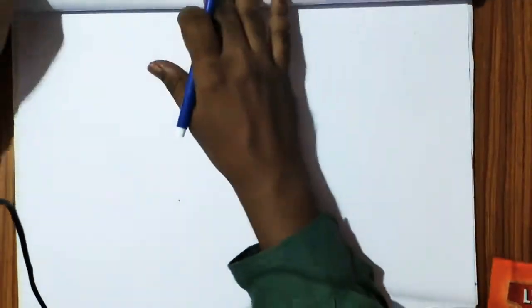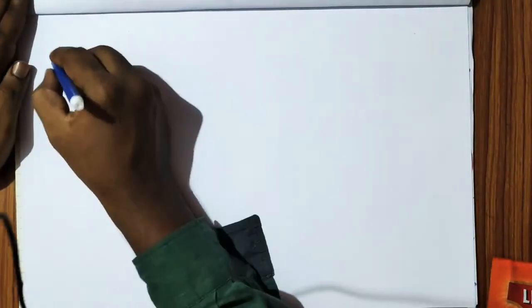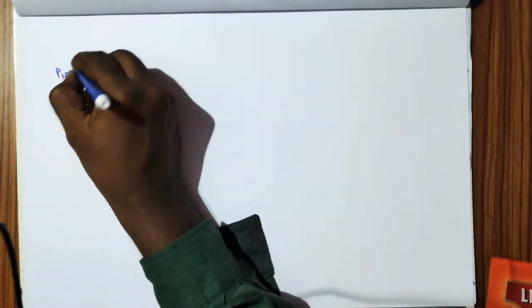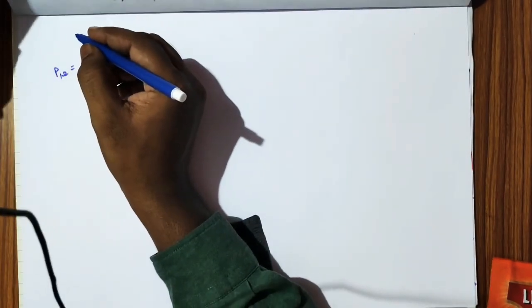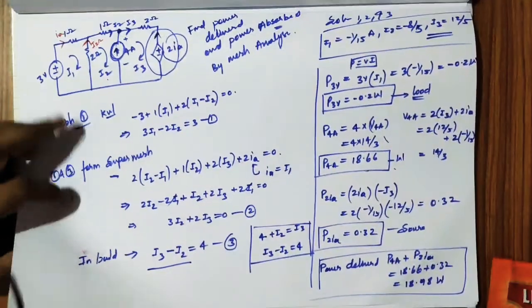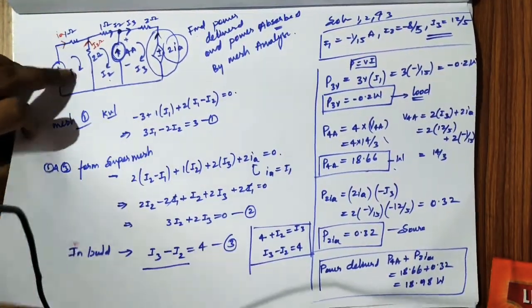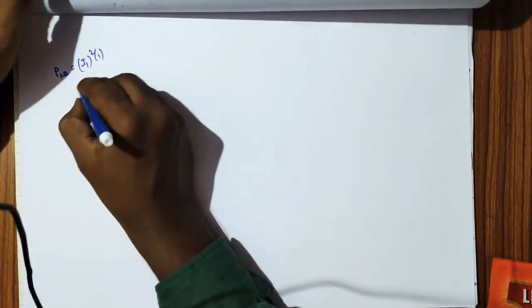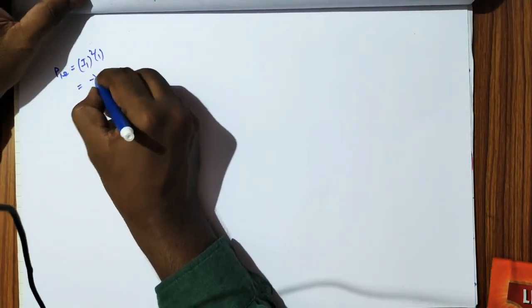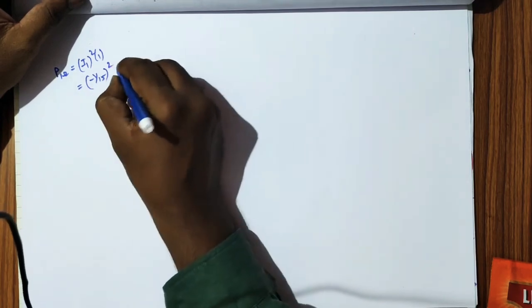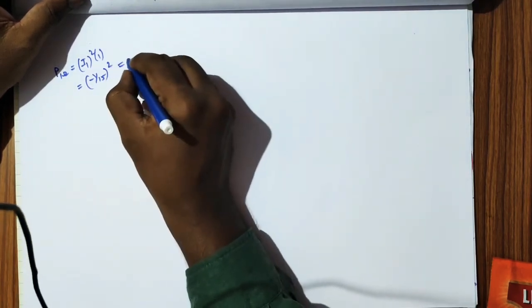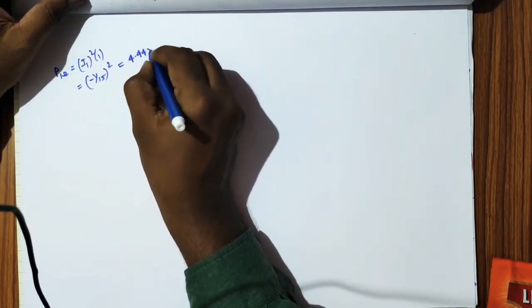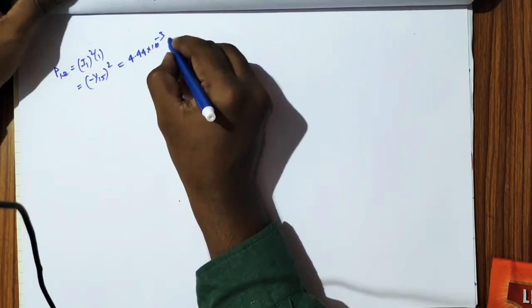The power dissipated by the 1 ohm is I1 square into 1 ohm, that is equal to minus 1 by 15 whole square, that is the value of 4.44 into 10 power minus 3 watt.